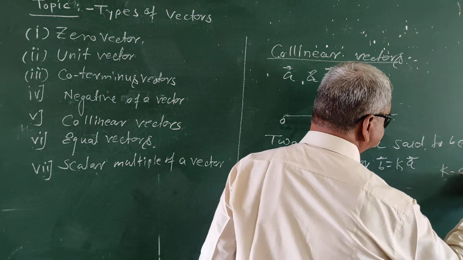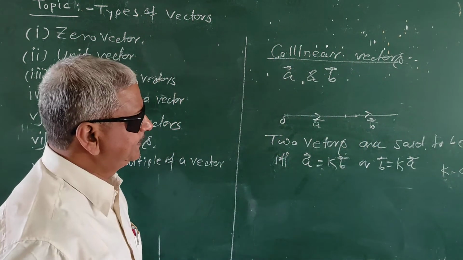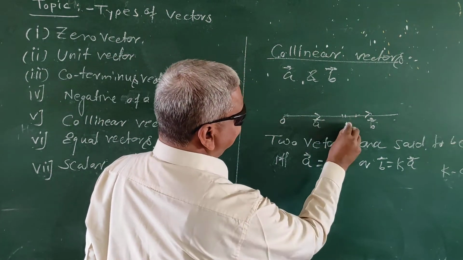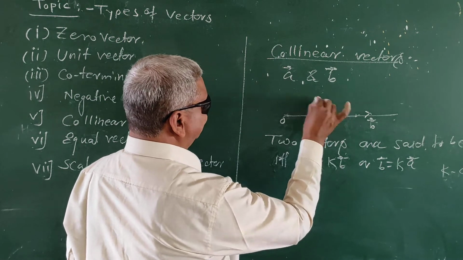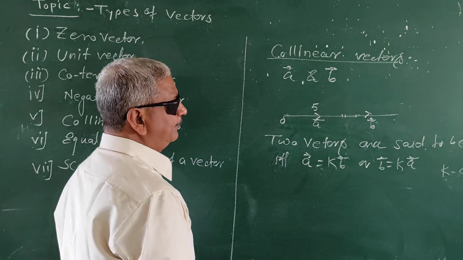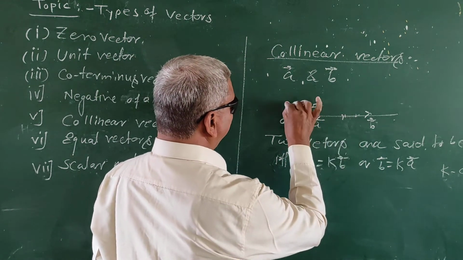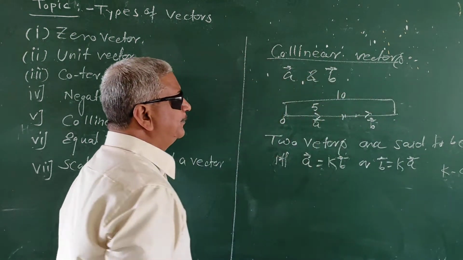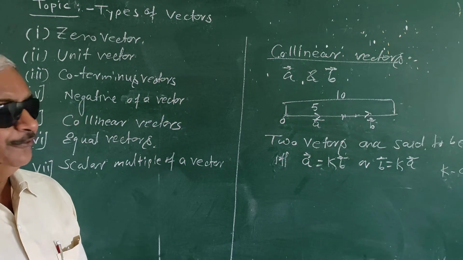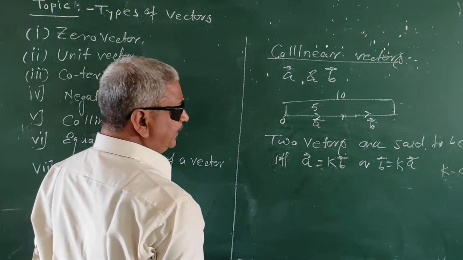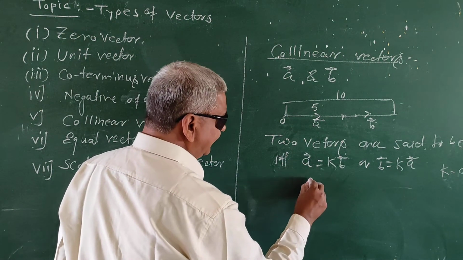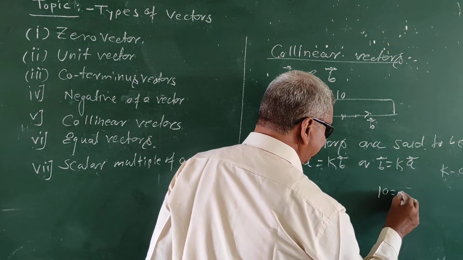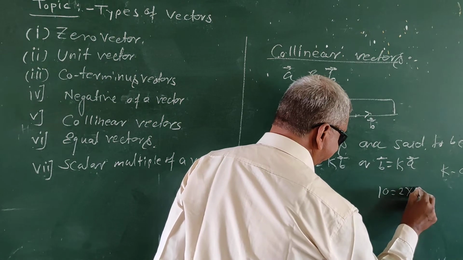Suppose this vector up to here, a, has magnitude 5, and this vector from O to B has magnitude 10. So what can you write here according to this property? 10 is equal to 2 into 5.